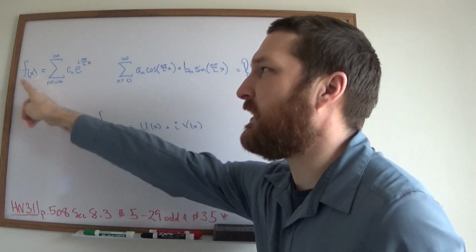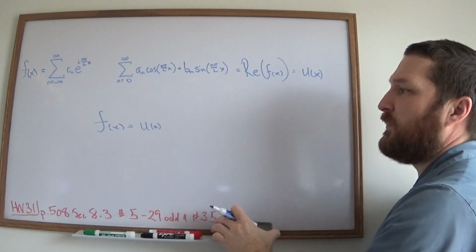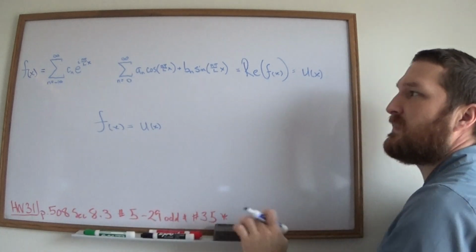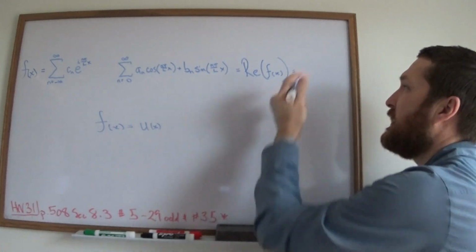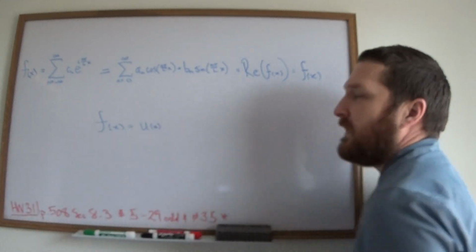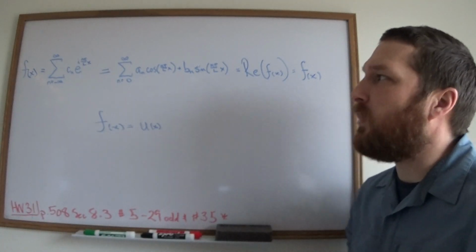I say you take any real valued function, and if that's the case, where there's no imaginary part, where your real part is the function itself, then yes, this thing turns out to just be f of x, and then these things are equal.